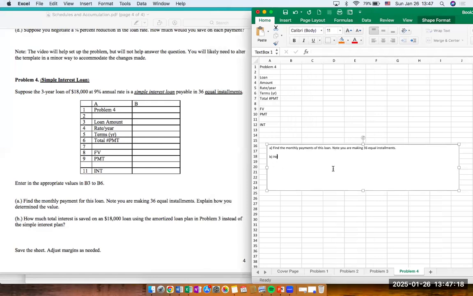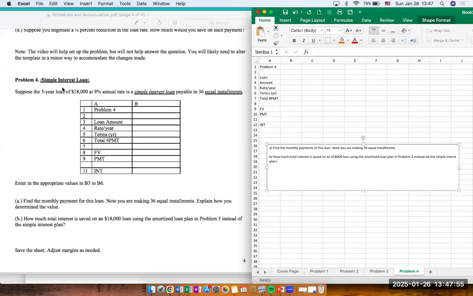B says, how much total interest is saved on an $18,000 loan using the amortized loan plan in problem 3 instead of the simple interest plan. So again, this is something that you're going to have to compare to problem 3, your answers. So again, I'm not going to set these up because I think this one is pretty straightforward.